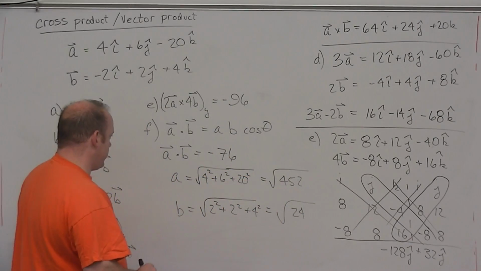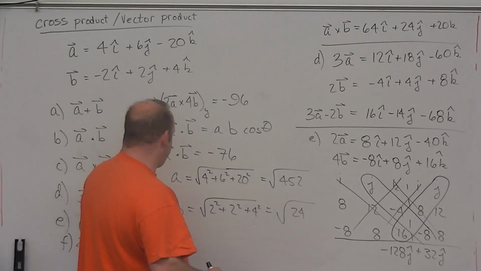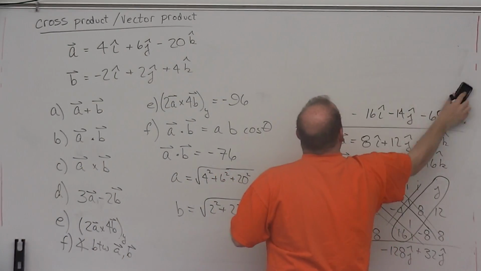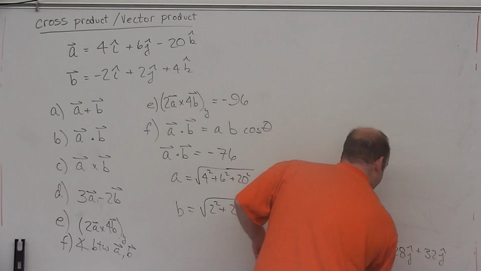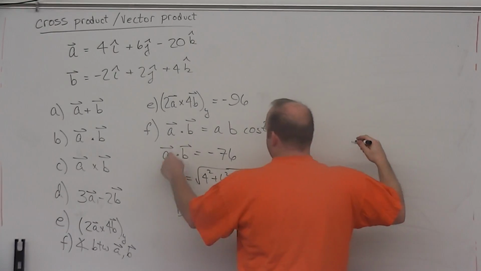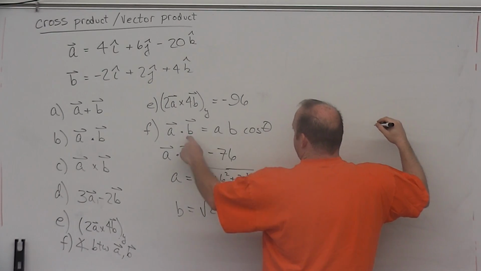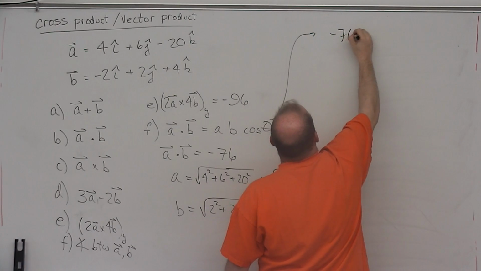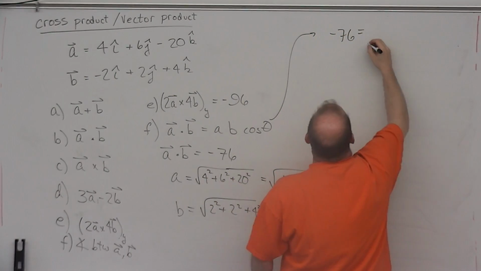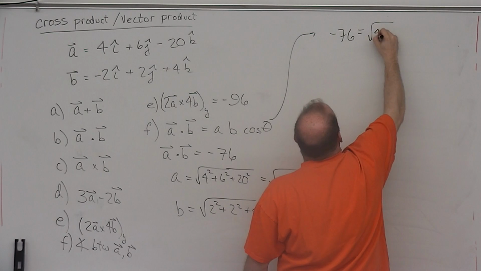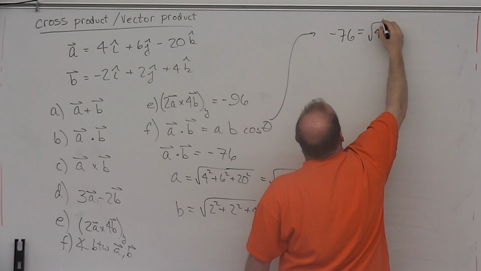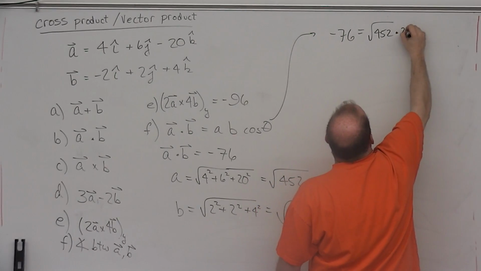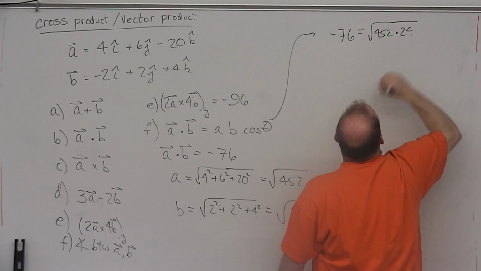So now I'm going to use this up here. A dot B is negative 76, which is equal to the square root of 452 times the square root of 24, times cosine theta.